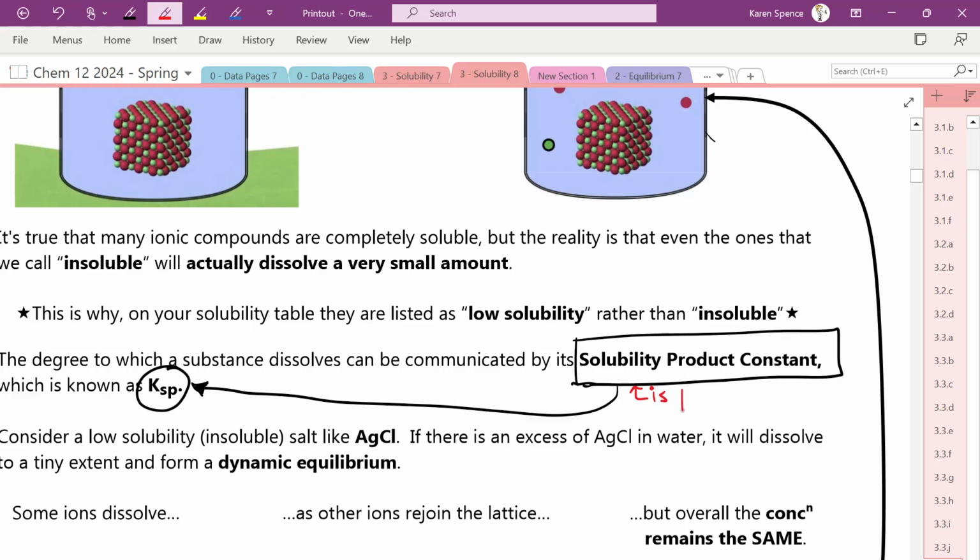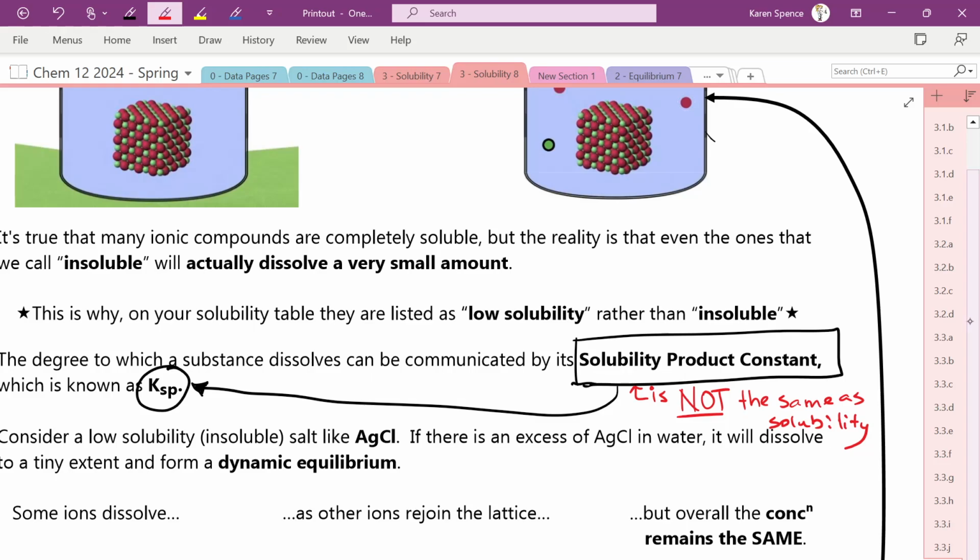Solubility product constant is not the same as solubility. They are related to one another, but they are not the same. I'm going to keep saying that because it is one of the things that people mess up the most. And I'll tell you why.